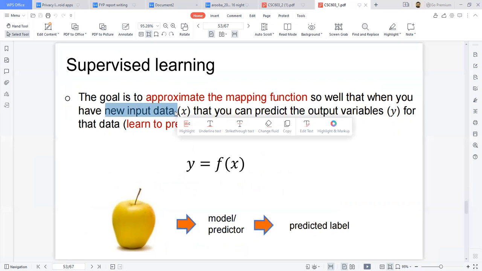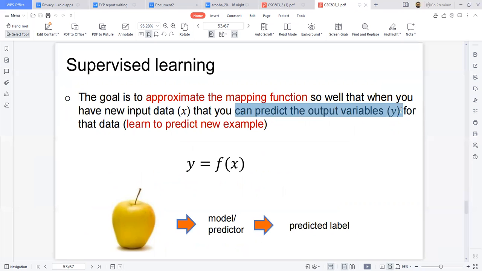And you have to predict the Y. Like I told you, in the test data set you have to predict the target class, the label. New input data is the test value. Based on this test input data, you have to predict the Y, the label for that data.